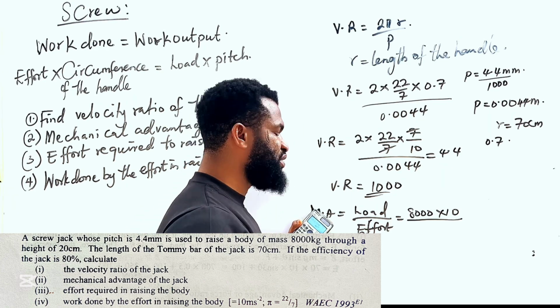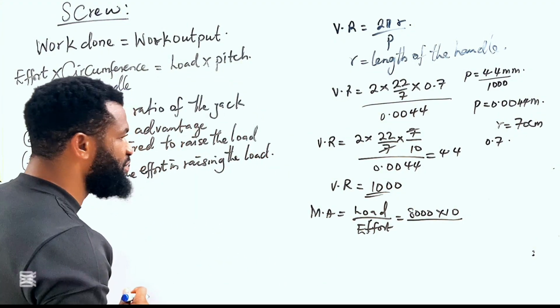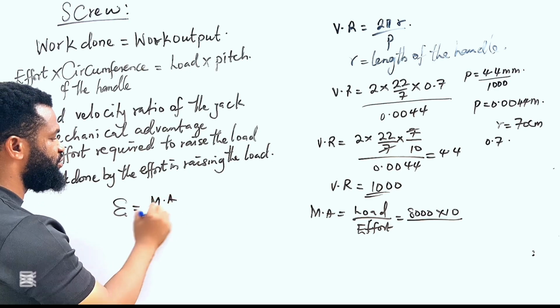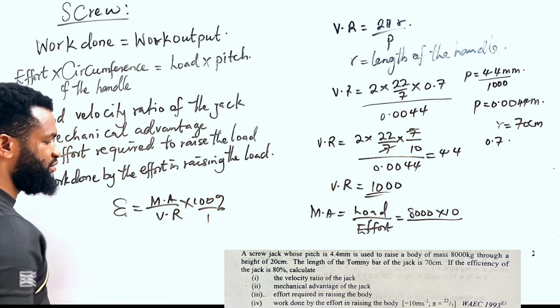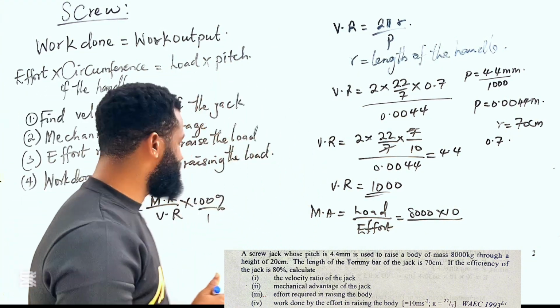I'm going to find mechanical advantage from the efficiency formula. Remember, efficiency is given as mechanical advantage over velocity ratio times 100% over 1. From this question, efficiency is given as 80%.